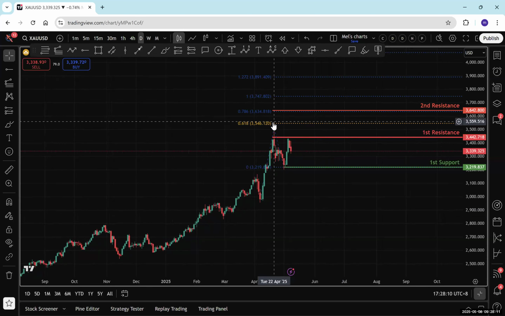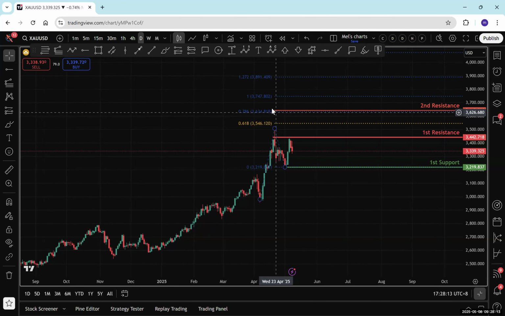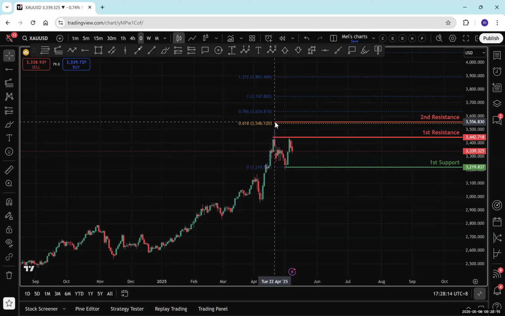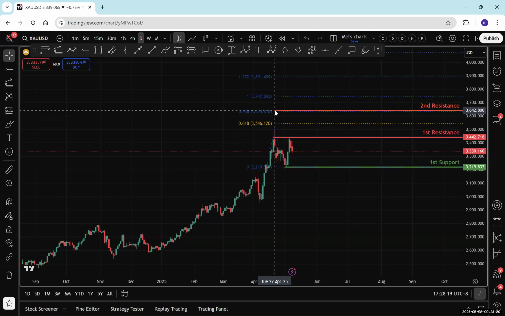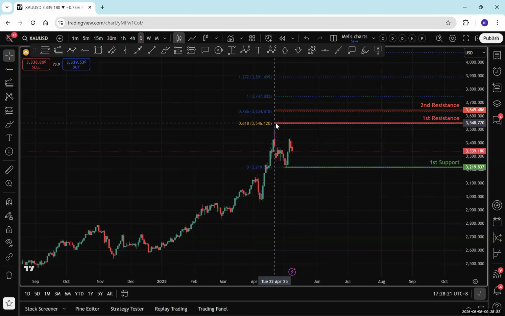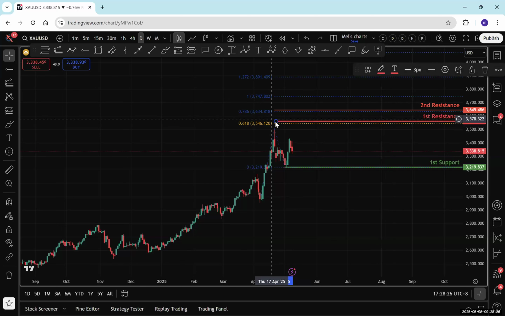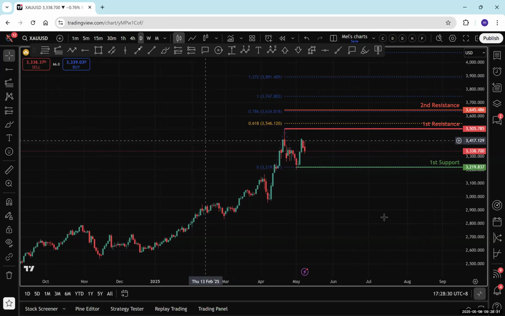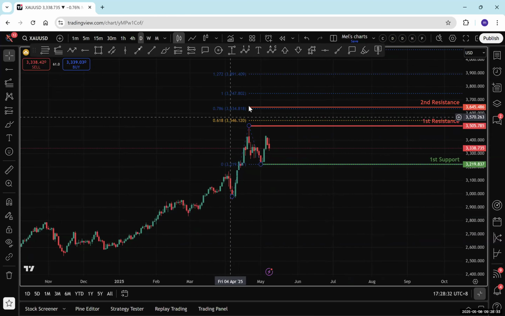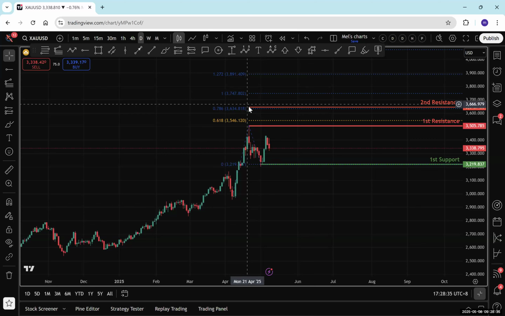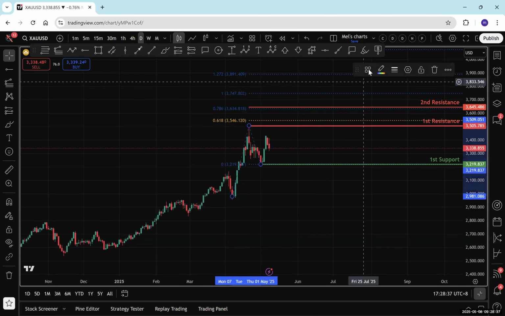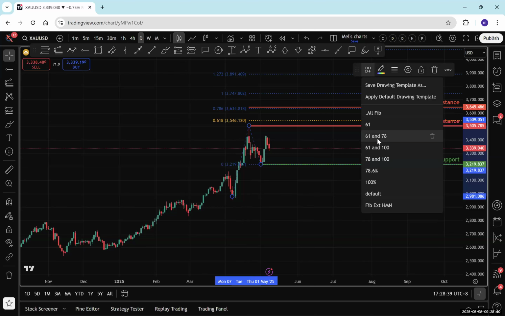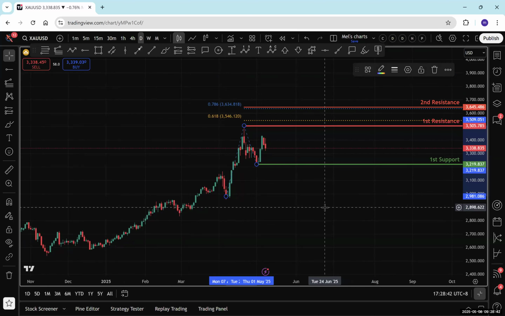You can also place it at the 68, I just think that 68 is quite close to that first resistance. Or you could place it like this as well. No, I prefer it like that. So I'm going to place my second resistance at that 78.6, and we're going to keep these two Fibonacci levels.